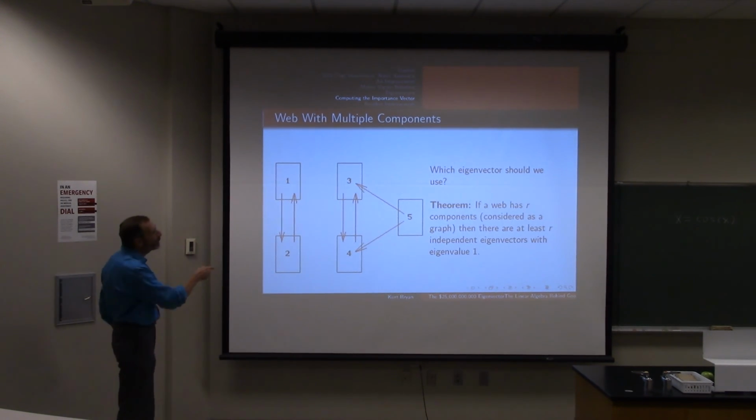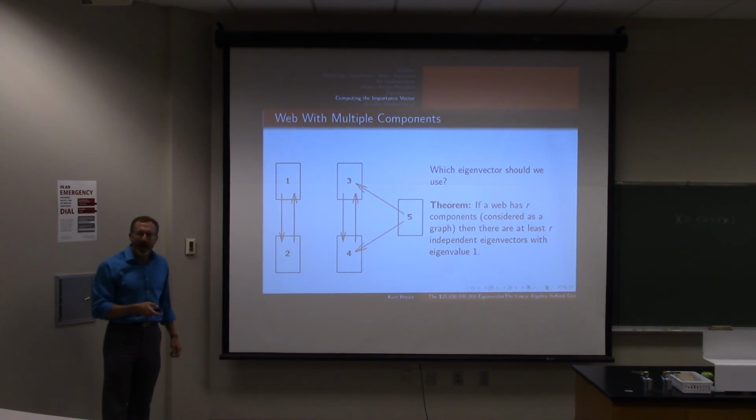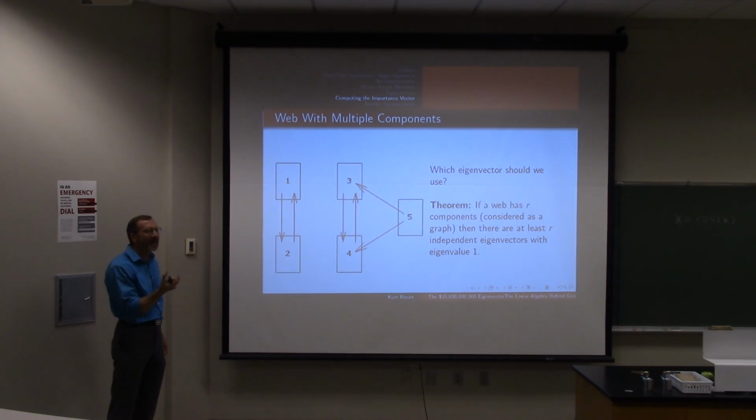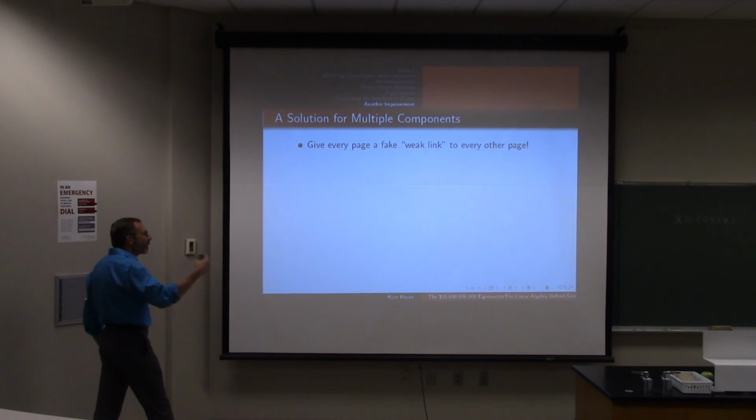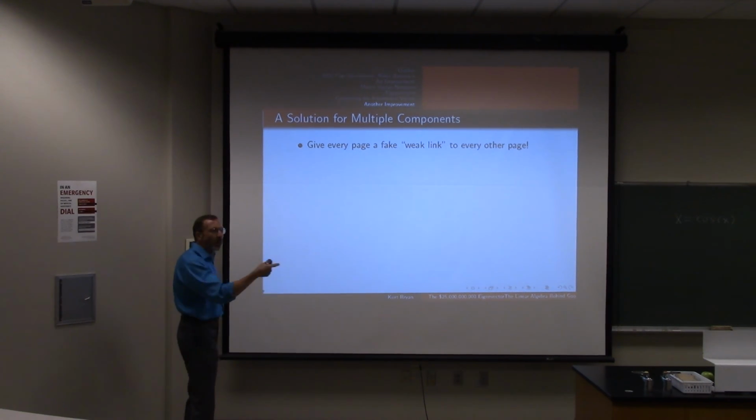The way we get around this is we alter our web by adding fake links from each page to every other page, but we make them weak links so they don't distort the web structure. Okay, we're going to give every page on the web a fake weak link to every other page, and the way we're going to do it is this.